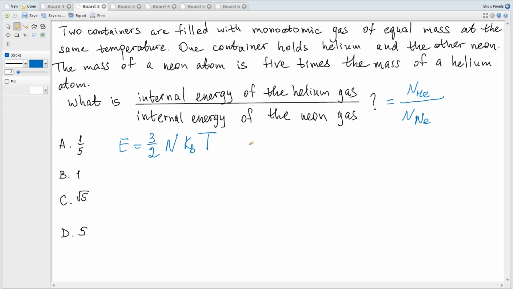And since mass is the same, but mass of one particle of neon is 5 times greater, number of neon particles is 5 times less, or number of helium particles is 5 times greater. So the required ratio is 5.